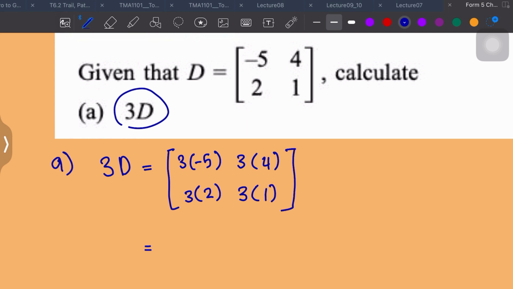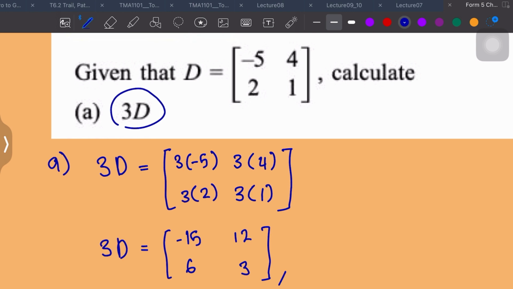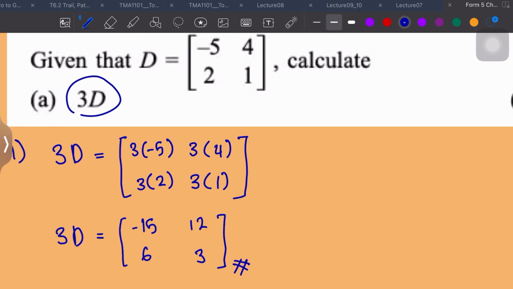Alright, so what will be the answer? The answer will be negative 15, 12, 6, 3. That will be the final answer. Okay.